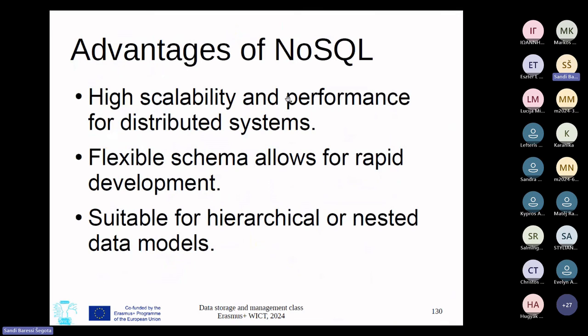So what are the basic advantages of NoSQL? You have, as I mentioned, high scalability and performance of distributed systems, because it's not as strict as SQL is, so you can more easily scale it.